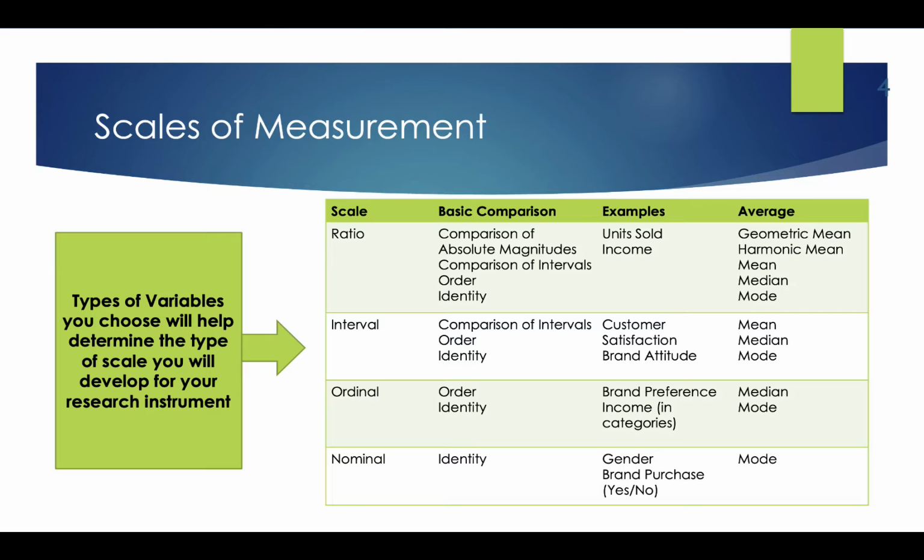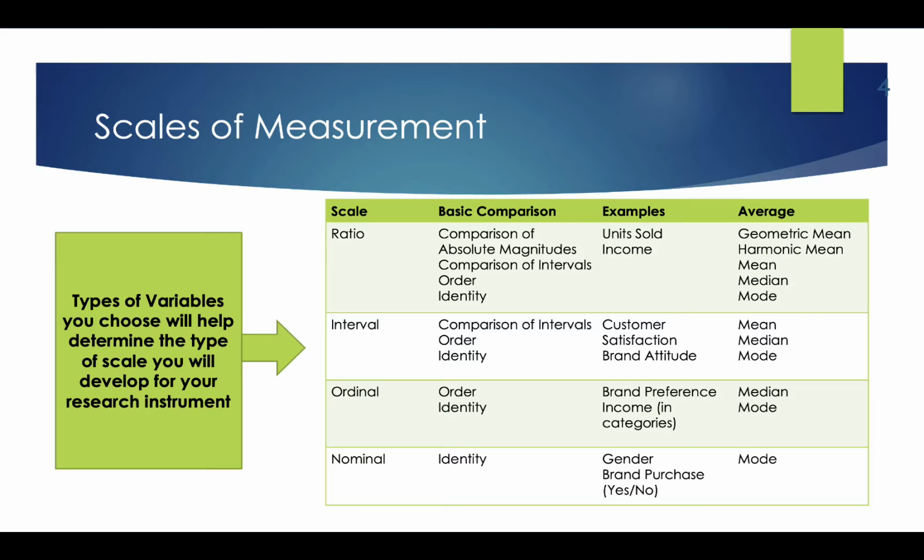Now, order matters in the ordinal scale. So brand preference, maybe you like the preference of a certain type of ice cream flavor or a certain type of coffee you purchase, and then income in categories.